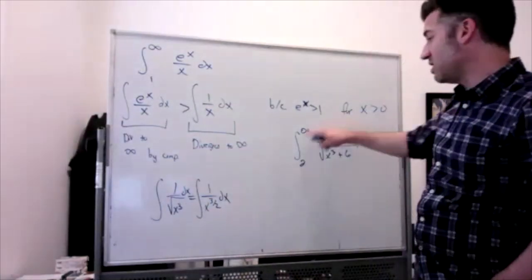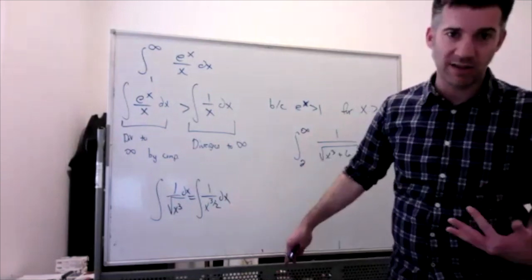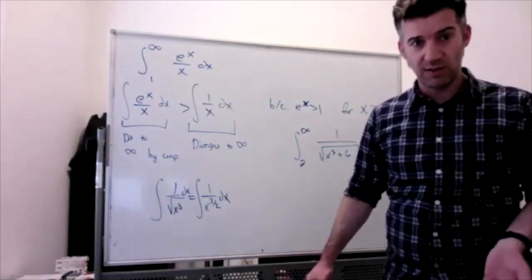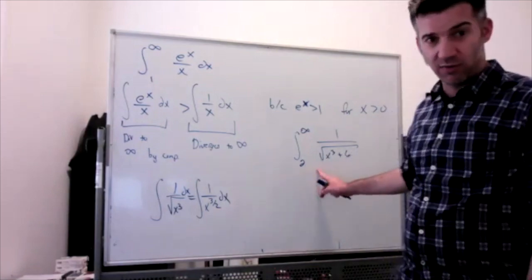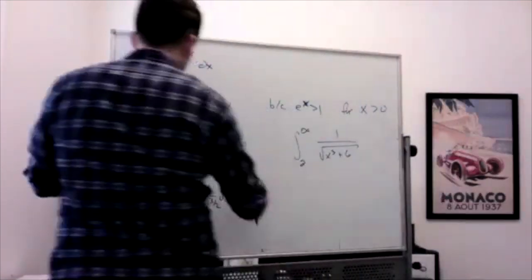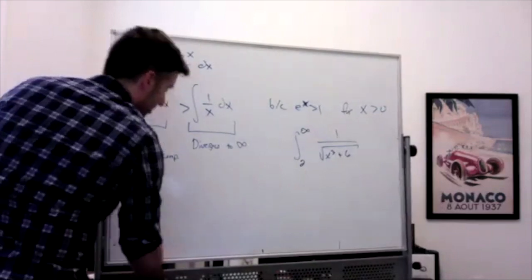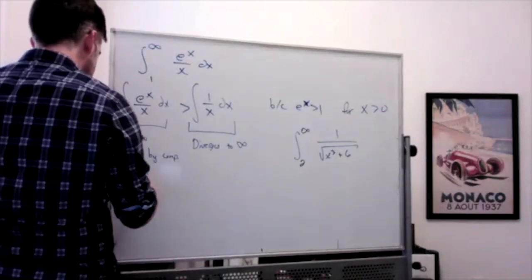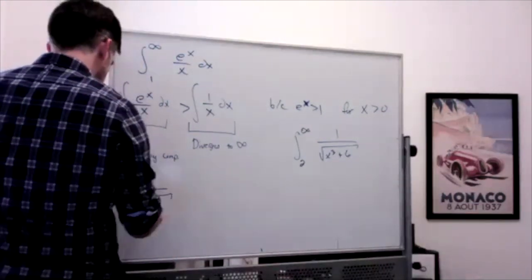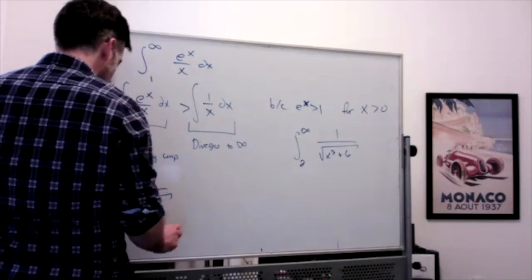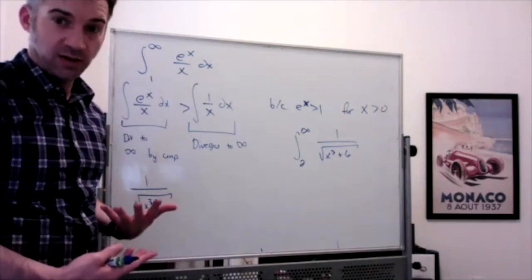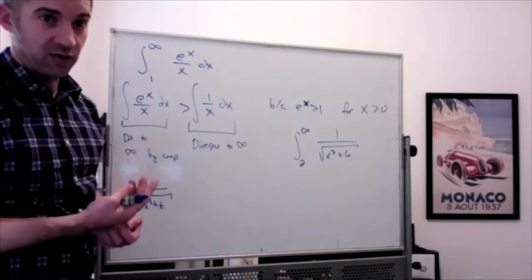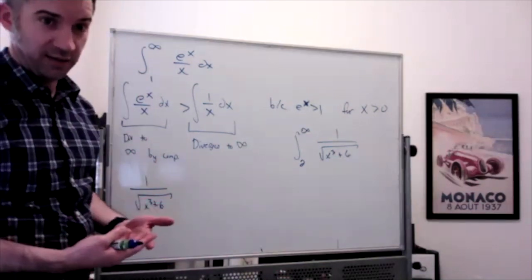And this is essentially the same as that. They're not exactly the same, but they're very close. They're similar enough that if this converges, this probably also converges. And here's how I can show it. If you're trying to show convergence, you want it to be smaller than something that converges. If you want to show divergence, it needs to be bigger than something that diverges.